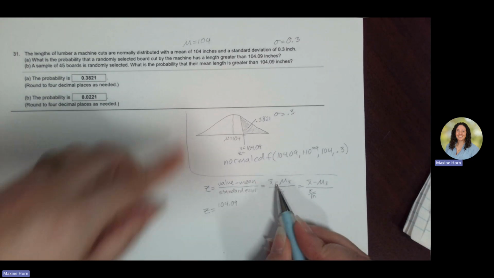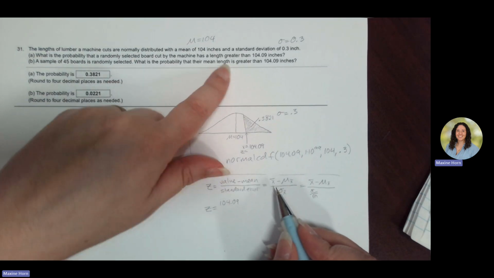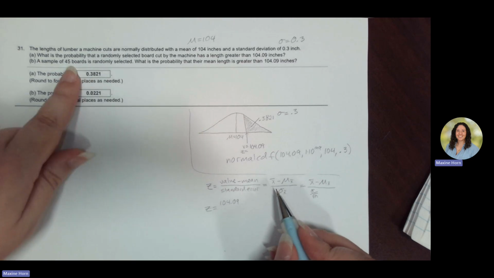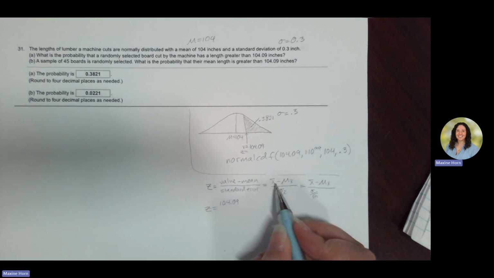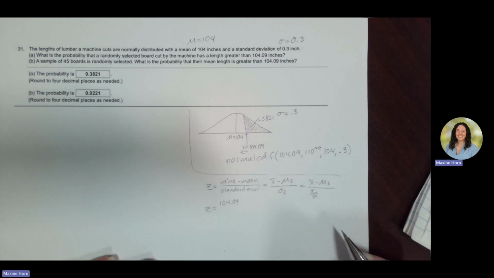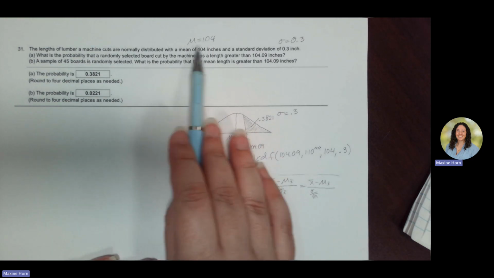That is because we're looking at the probability that their mean lengths are greater than 104.09, that the mean of this sample of 45 boards, right? So that value is the mean of these 45 boards, the sample mean. The sample mean is the 104.09. The mean here is our population mean.